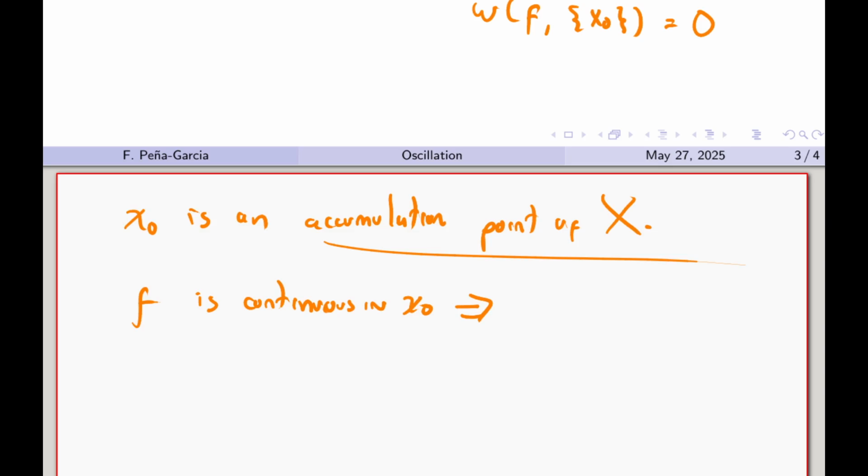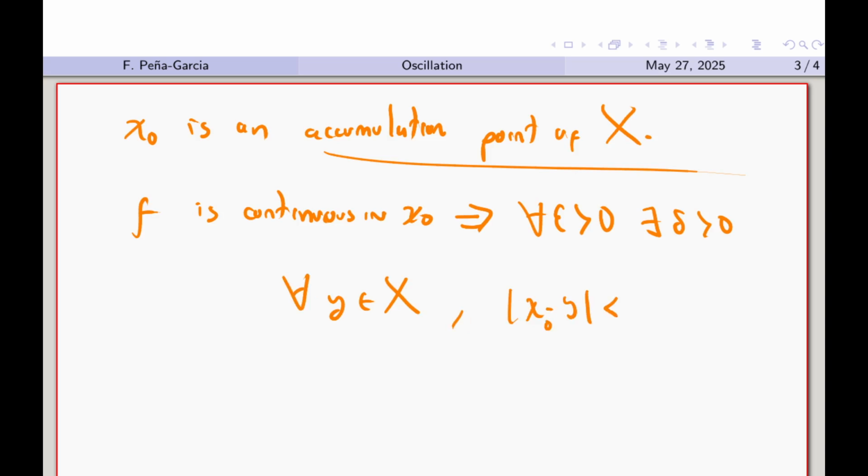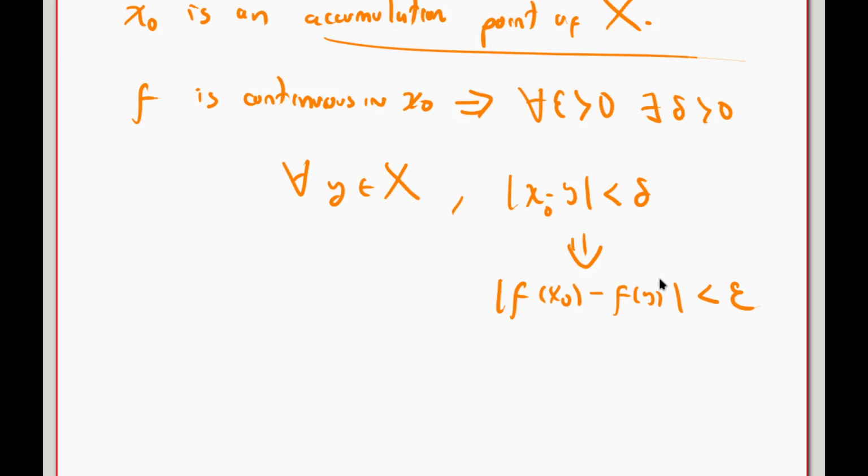Then it will follow, by definition of the limit, that for any epsilon bigger than 0, there exists some positive delta such that for any y in the domain, if the distance between x naught and y is smaller than delta, then, so we can make a little graph here just to clear things up.